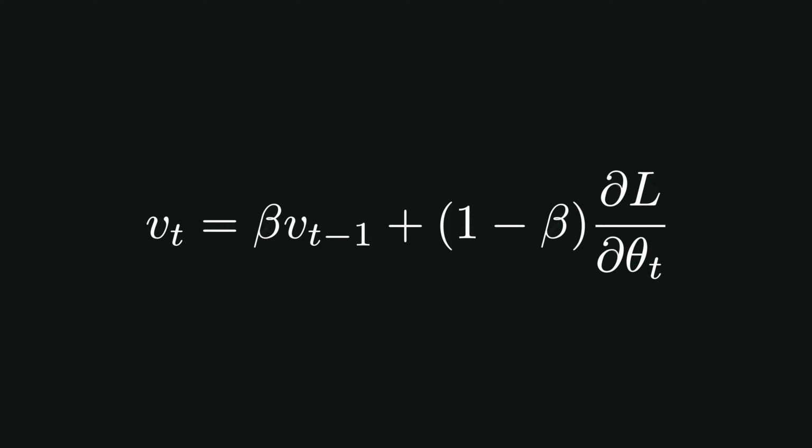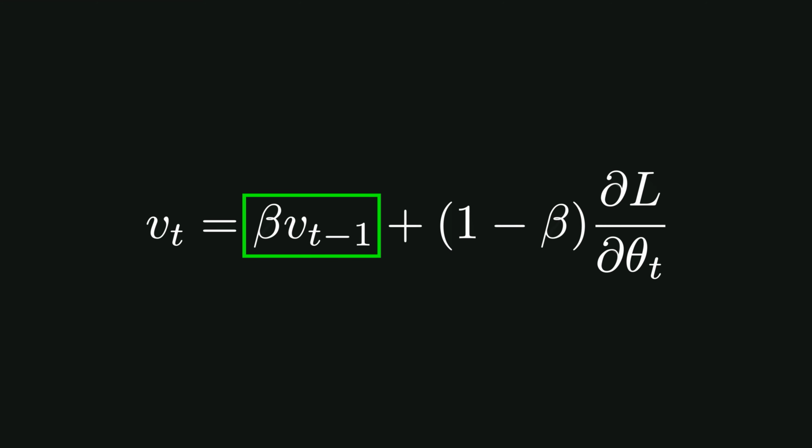Now, momentum fixes this instability of plain gradient descent by smoothing the update direction. Instead of using the raw gradient at each step, we use an exponentially weighted moving average of all past gradients. This quantity Vt is computed using a hyperparameter beta, usually around 0.9.